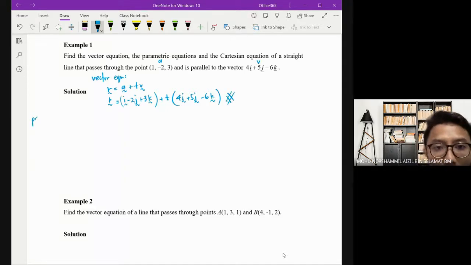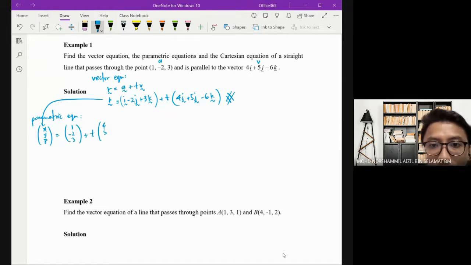Okay, let's move on to the parametric equation. How do I get it? Very simple. R here we change to X, Y, Z, guys. So (X, Y, Z) equals (1, minus 2, 3) plus T times (4, 5, minus 6). And then what do we do next? We go row by row. The first row gives X equals 1 plus 4T.